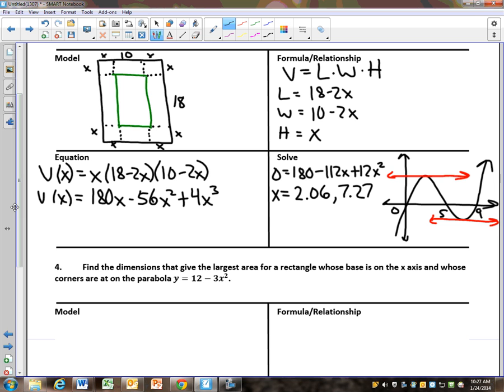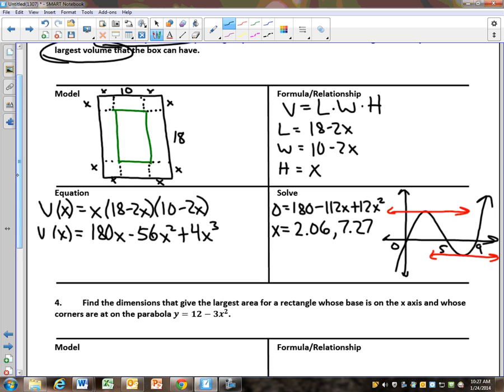What was the question? Ooh, do we have the largest volume? No. What we have to do is take v of 2.06. So we have to plug 2.06 back into our function.